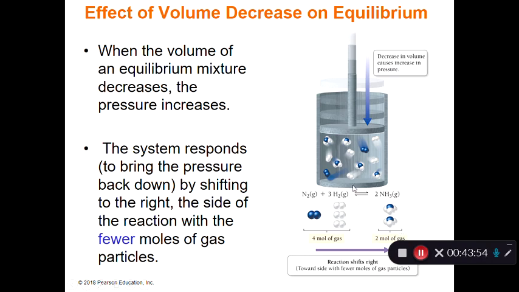Why do we have it like this? The volume decreases. There is no space here. System doesn't have enough space, so it prefers to produce fewer moles of gas. So left 4 moles, right 2 moles. So there is no space for the system, so it shifts to the right.